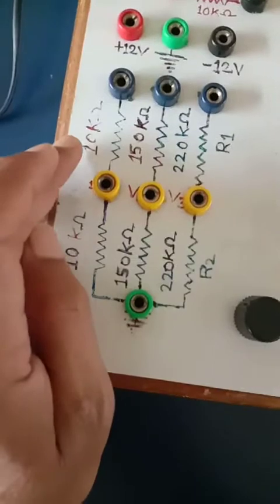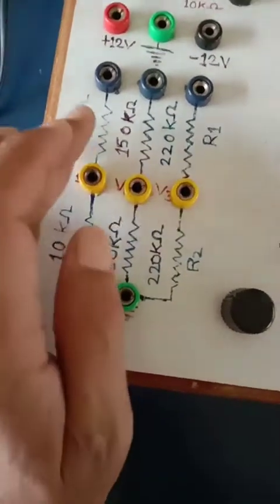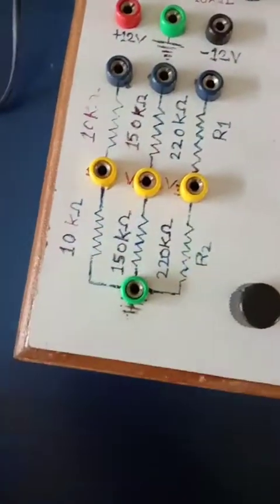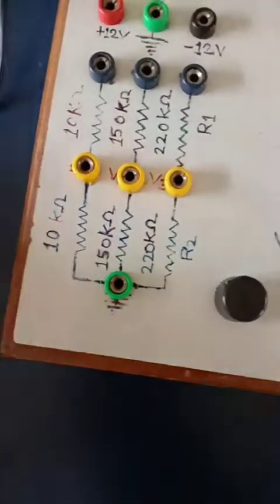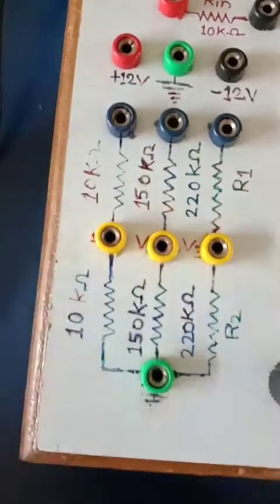Let this upper resistance be R1 and lower resistance be R2. Then voltage across R2 is given by the equation. See here, let R1 be 10 kilo ohm and R2 be 10 kilo ohm.